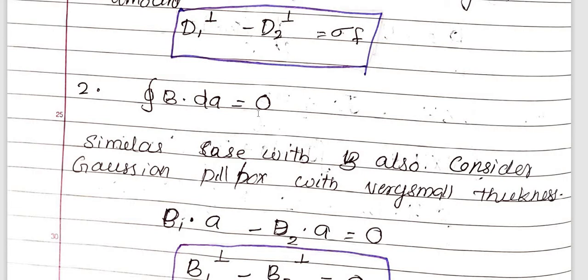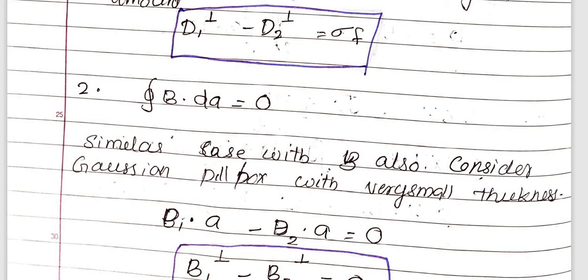Here, when we look at this equation, we know that the contribution is 0 because there is no source term here. So this equation can be written as B1 dot a minus B2 dot a is equal to 0, or B1 perpendicular minus B2 perpendicular equal to 0.